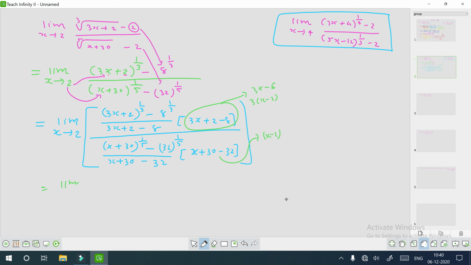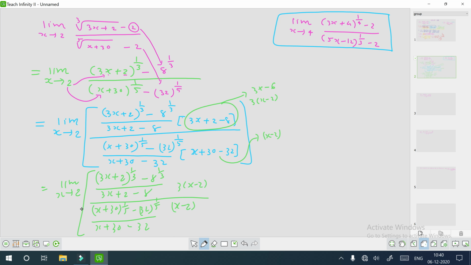There is no need to write this, but it is only for understanding. 3x plus 2 raised to 1 by 3 minus 8 raised to 1 by 3 over 3x plus 2 minus 8, in the denominator quantity x plus 30 raised to 1 by 5 minus 32 raised to 1 by 5 over x plus 30 minus 32. Here what do you get? 3 of x minus 2, and in the denominator quantity we get only x minus 2.